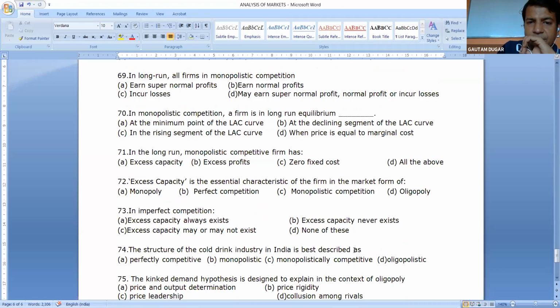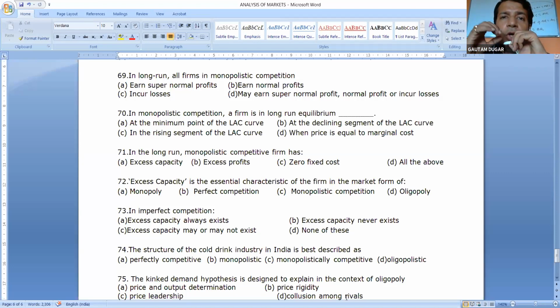Excess capacity is an essential characteristic of the firm in the market form of monopolistic competition. Next, 73. In imperfect competition, excess capacity always exists. For 73, the answer is A.